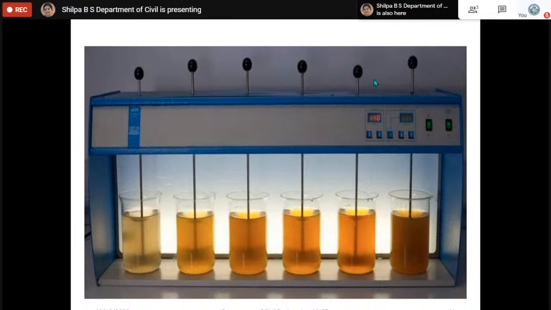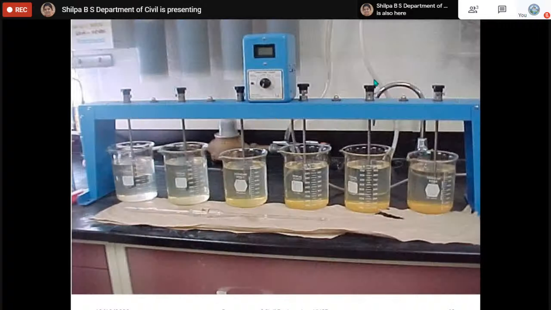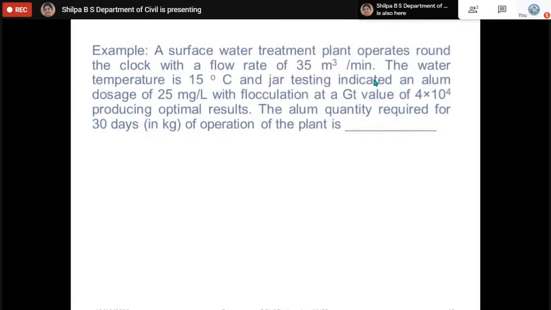Then we check the final turbidity to know which dose is effective. The dose which has the minimum residual turbidity is considered the optimum dose.